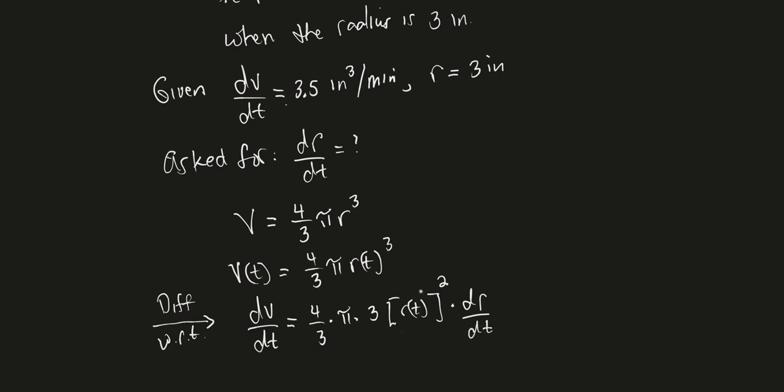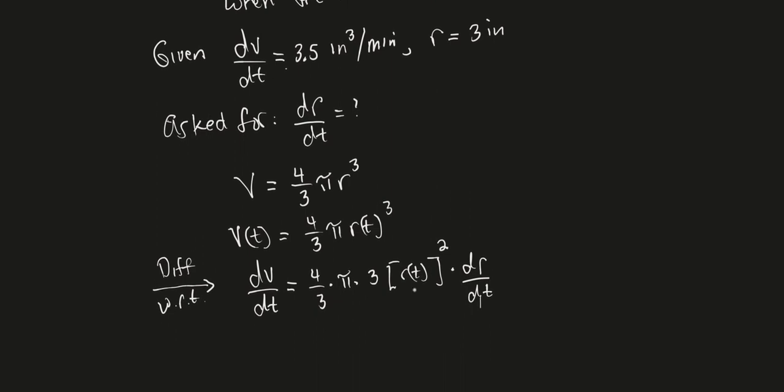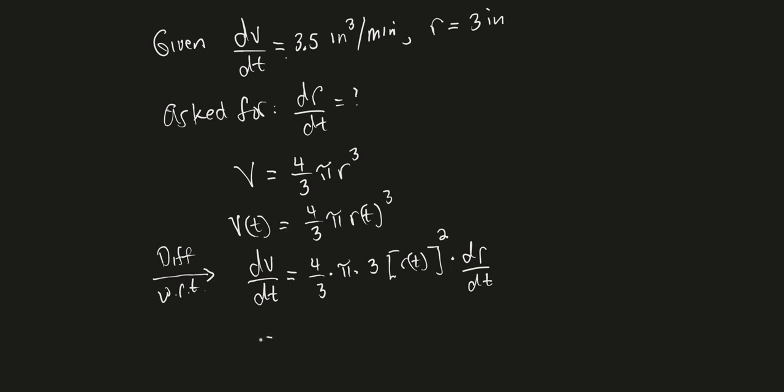So now let's write this equation without the r of t form so we can see it, right? So here is the equation that we're going to work with. dV/dt is equal to, now if you look at it, the 3 reduces, right?